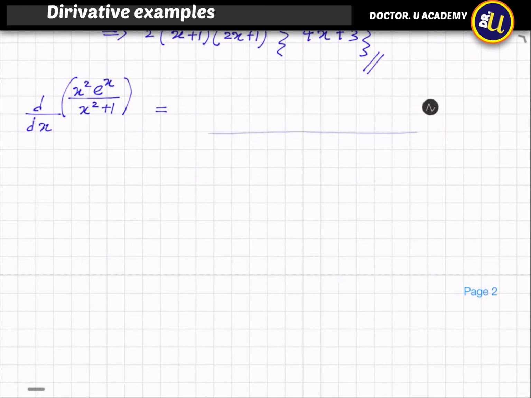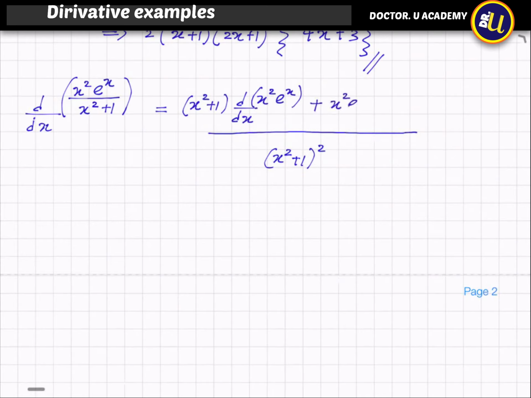So then what I will get is (x squared plus 1) the whole thing to the power 2, then I will get (x squared plus 1) times the derivative of x squared e^x, then plus x squared e^x times the derivative of x squared plus 1.